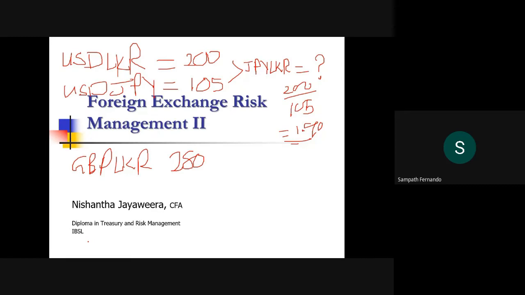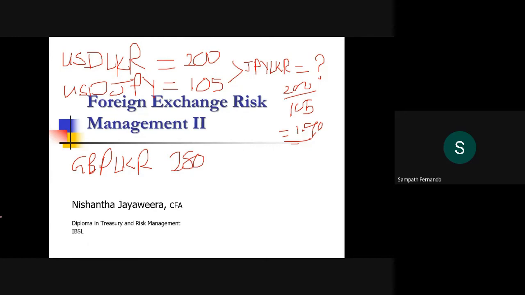Compared to one Sri Lankan rupee, they have 200. To compare to their currencies, we have to give 200, 100, something like that. The European countries, but how is the Japanese yen keeping it low?